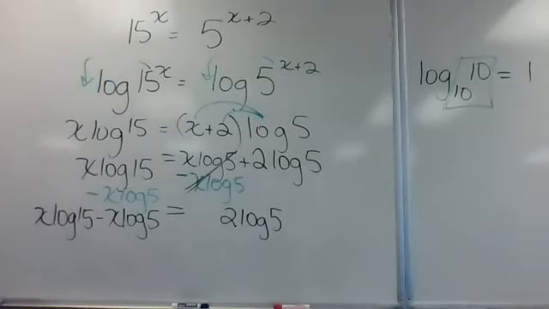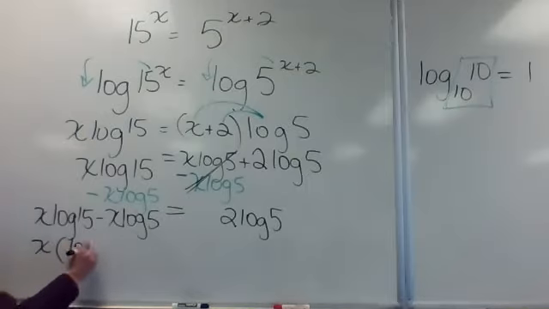Now, just like that last one that did have the 2 terms with the x's, here's why I wanted to put them on the same side. Because now what am I going to do with the x? Take it out. So I'm going to take out the x, put in parentheses, what's left? So if I take the x out here, I'm left with log 15.